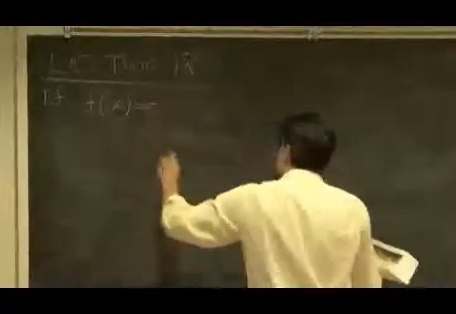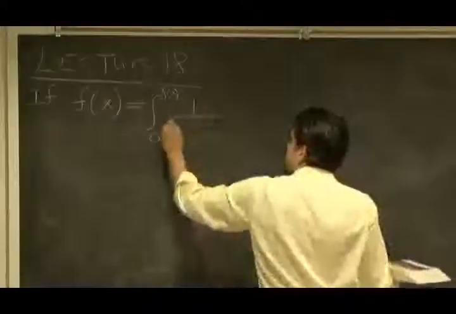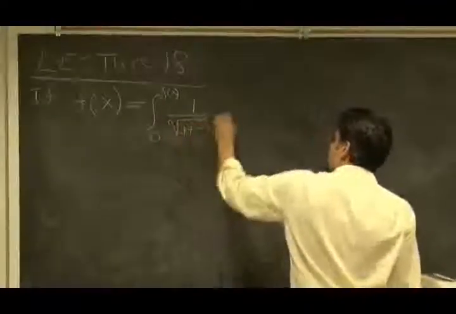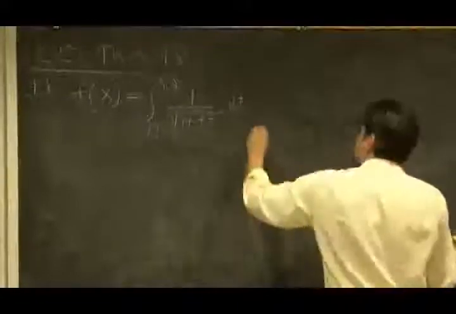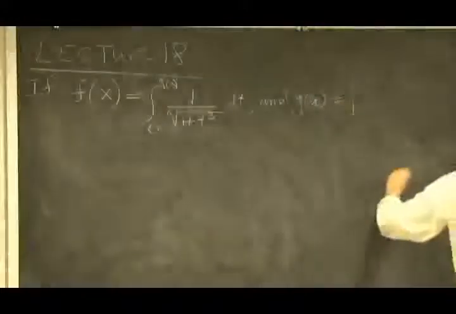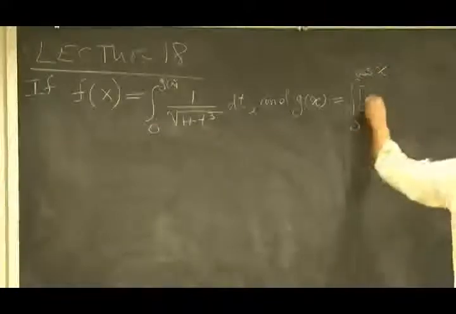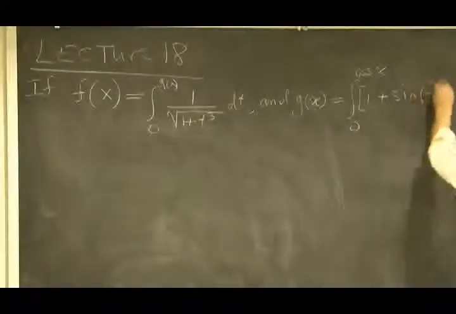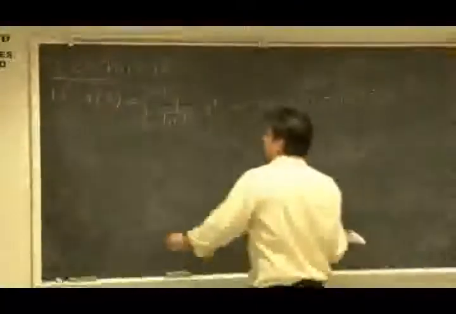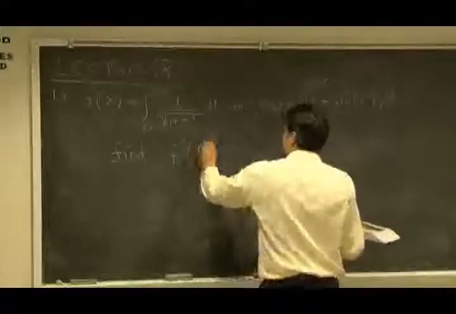If f of x equals the integral from 0 to g of x of 1 over the square root of 1 plus t cubed dt, and g of x equals the integral from 0 to cosine x of 1 plus sine of t squared dt, we want to find f prime of pi over 2.